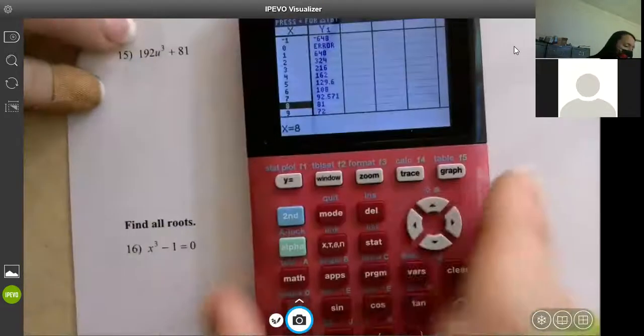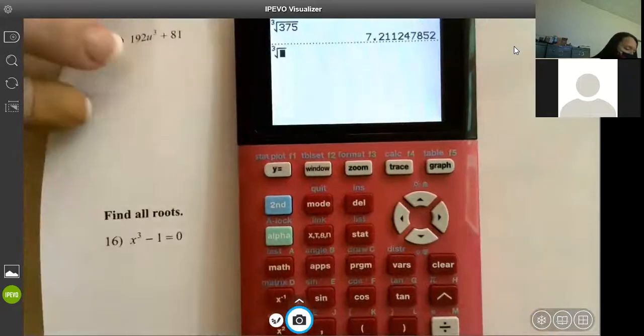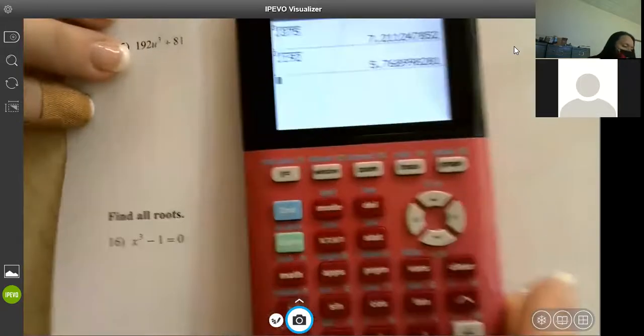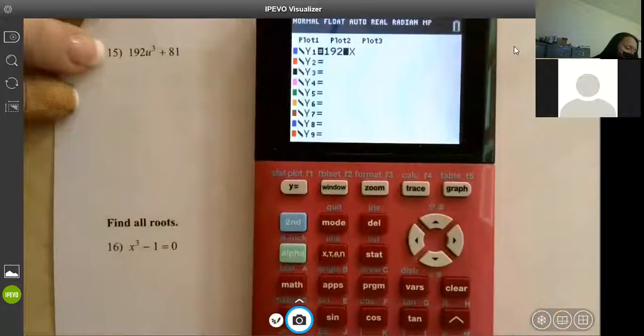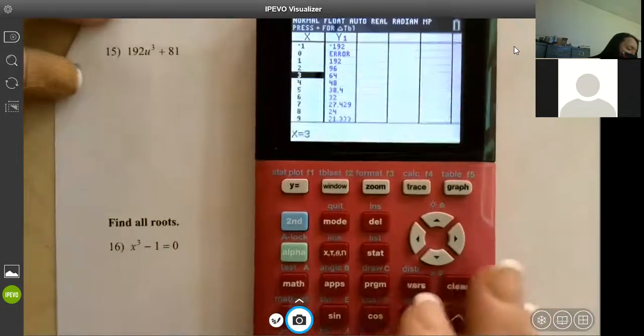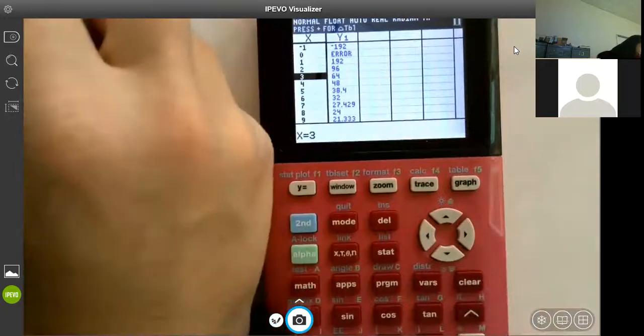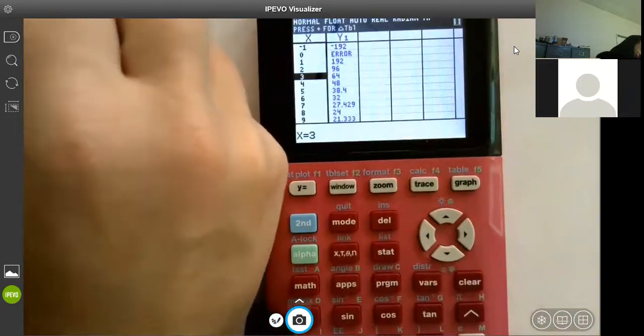Still factoring. To know if I need to do a GCF, I'm going to do math 4 and try 192, and I see that it is a decimal, so it's got to be something. I look at my table. I have 3 and 64. That one's kind of easy. 64 is 8 and 8.